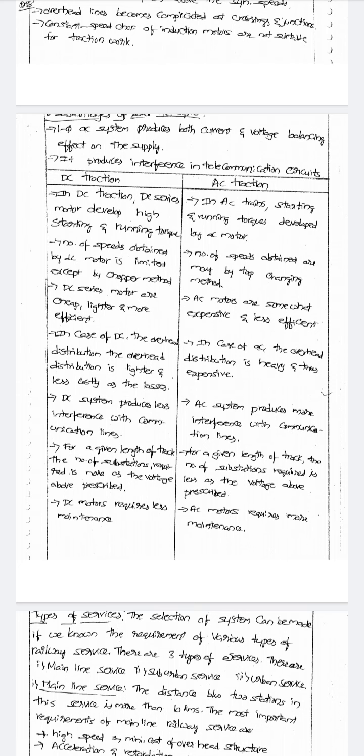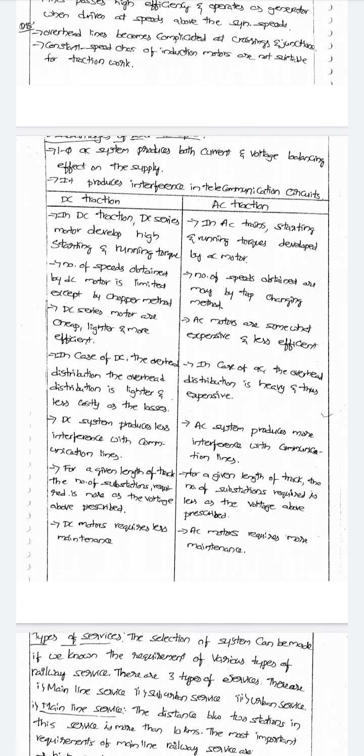Now, the first comparison. In DC traction, DC series motors develop high starting and running torques, high starting and high running torque.